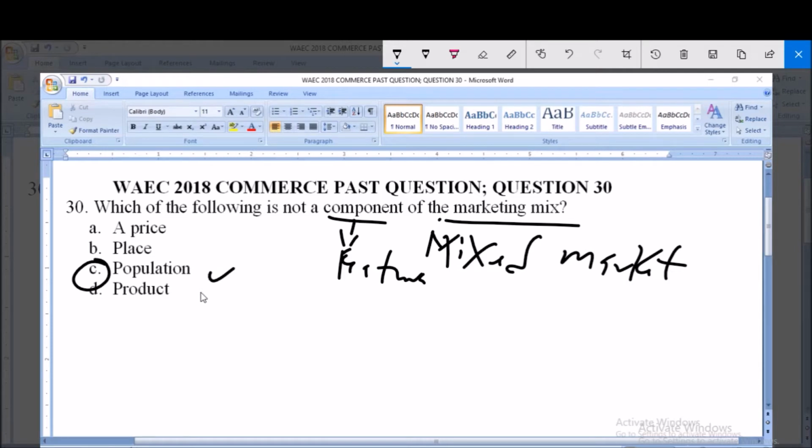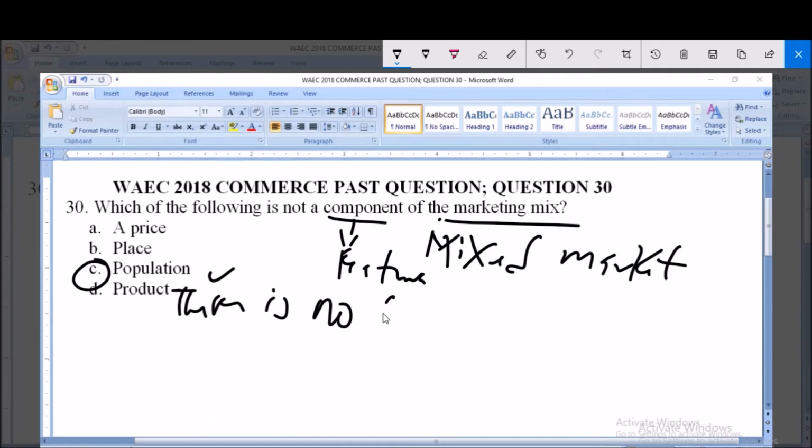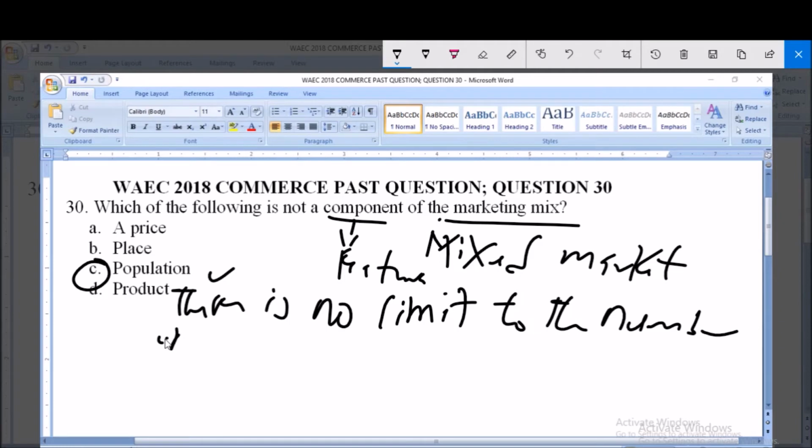This means that there is no limit to the number of entry and exit in the market.